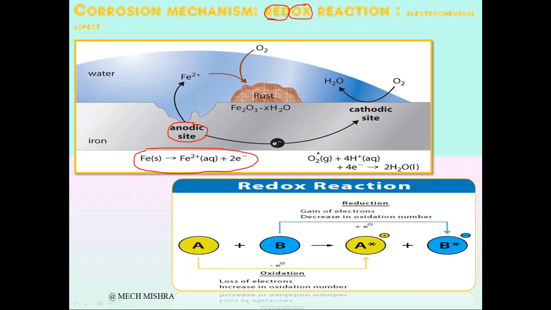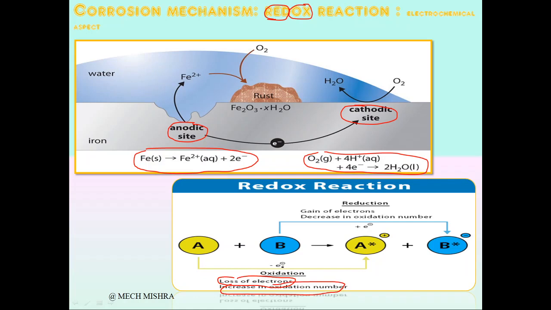And this process is reduction. In reduction, oxygen and 4H+ ions accept electrons, and it will convert into water. Okay, so this is the cathode, and this is reduction. So that's why we call it redox. If a certain metal is getting oxidized, it will lose electrons, loss of electron, and increase in oxidation number.